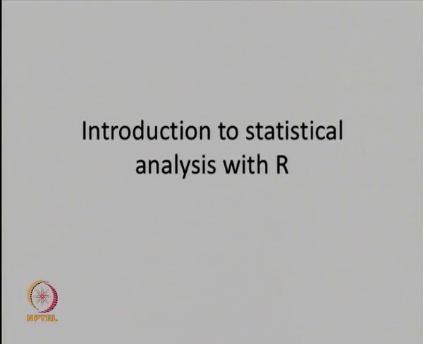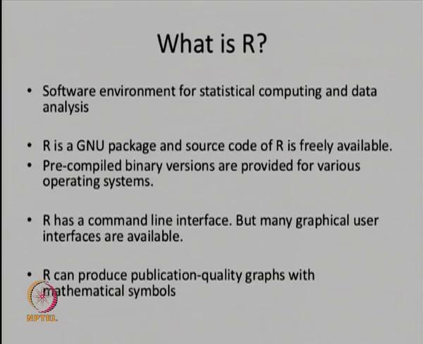So, what exactly is R? R is a software environment which is used for data analysis specifically. It is a GNU package, and the source code of R is freely available. That is the best part of it. It has a command line interface, and it has other interfaces also. More importantly, it can produce publication quality graphs with mathematical symbols.